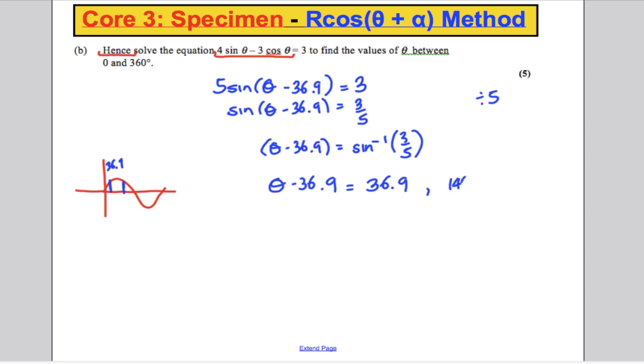Therefore, theta is equal to 36.9 plus 36.9, which is 73.8 degrees. And the other one must be 180 degrees. And we're done.